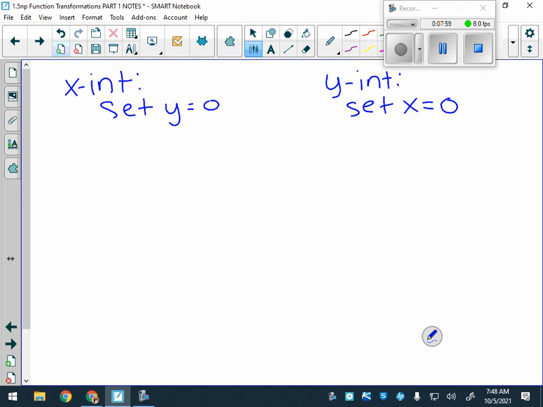So if we look at 2c, okay, if we're given this function, in some cases you're not able to see the x and y intercepts on the graph, but you could find them algebraically if there are any. So to find x-intercepts, we're setting y equal to 0.